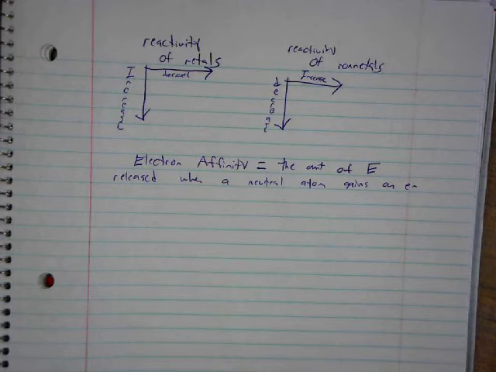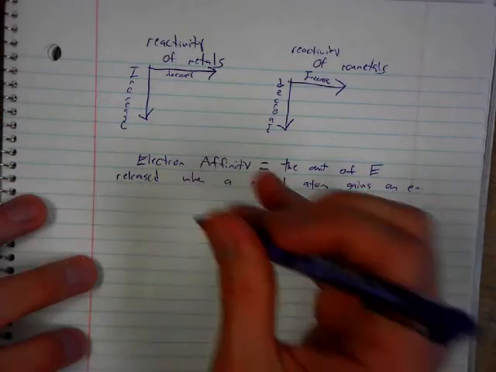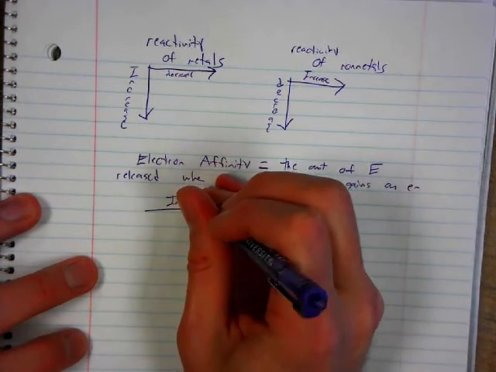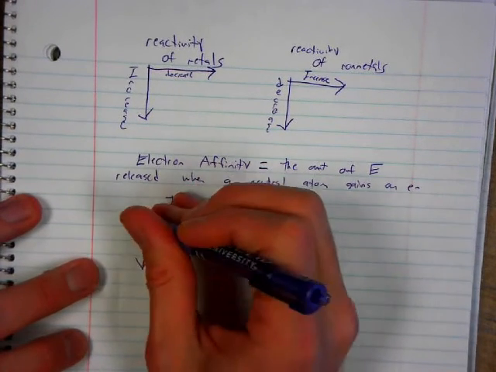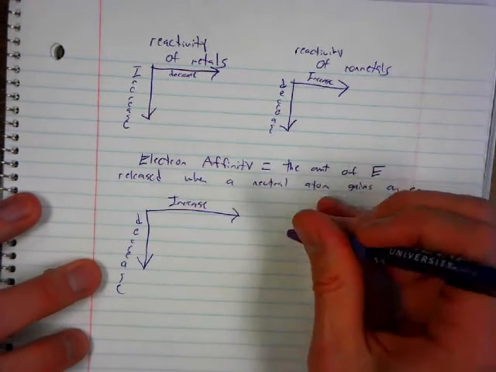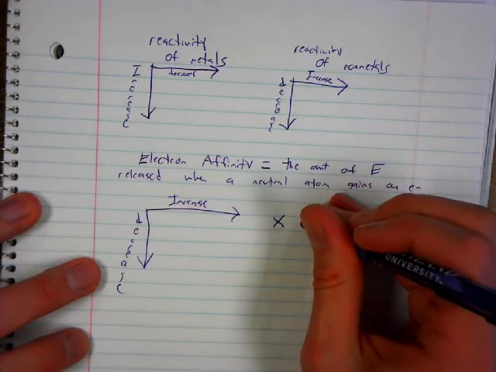This is kind of just a different way to describe electronegativity. When you gain an electron, you gain it because you're electronegative. So the trend is the same. As it goes to the right, it's going to increase. As it goes down, it's going to decrease.